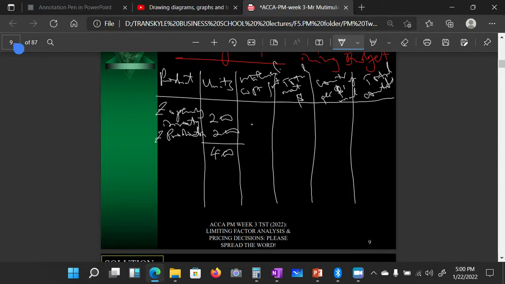The cost was $2 per unit, so we have $800 of costs, and the contribution per dollar of scarce resource was $50.